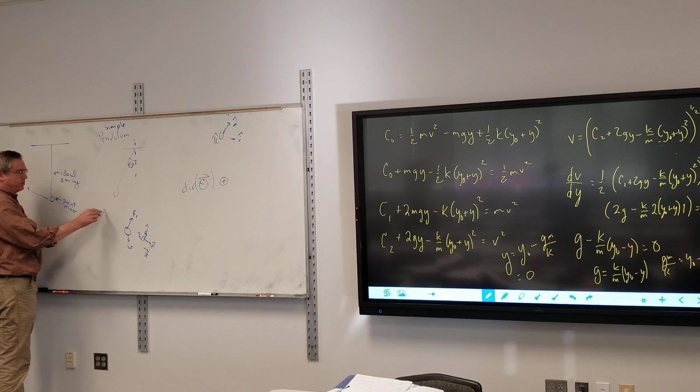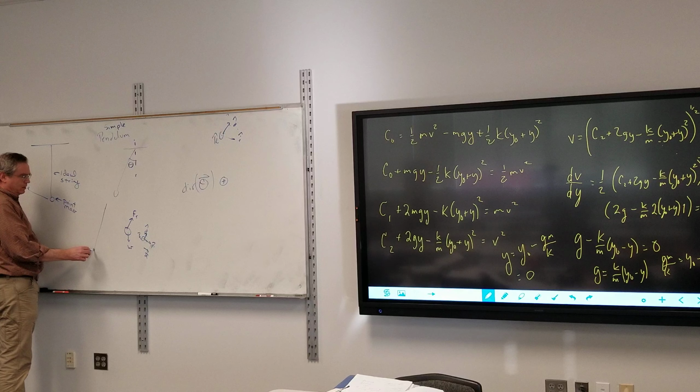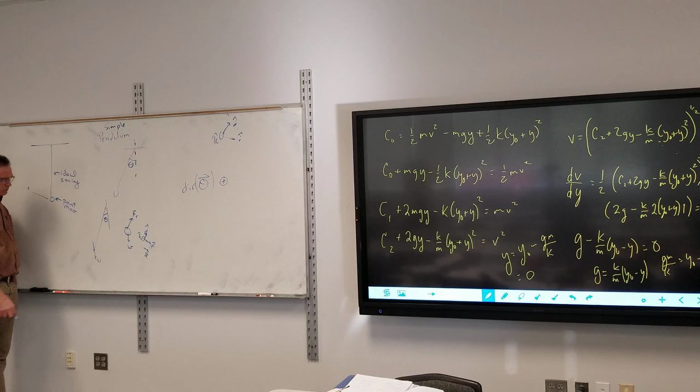Looking at the geometry of it, I've got weight acting down. I know this angle here is theta, so this angle here has to be theta. I'll just make weight a larger vector there. There's my weight vector. This is theta.